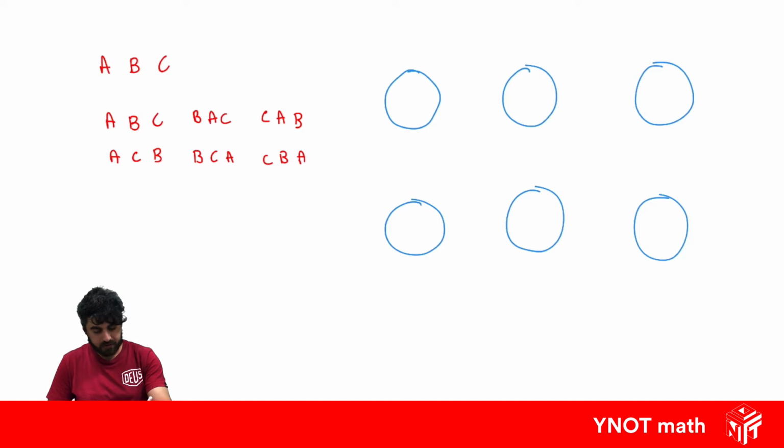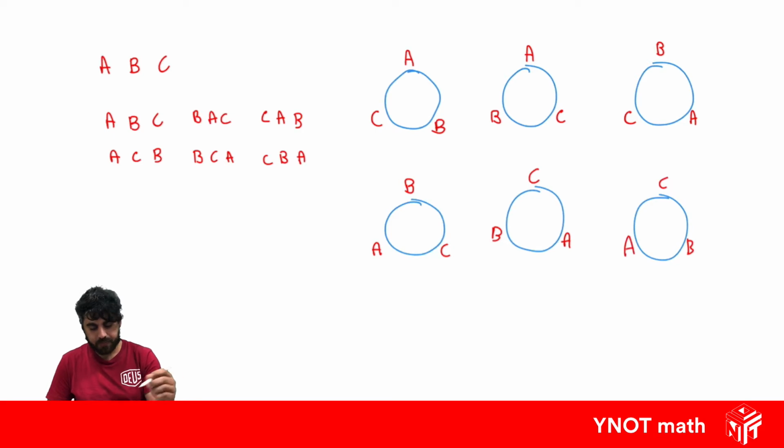So we start with our first one, A, B, C. Our next one is A, C, B. Our next one is B, A, C. Our next one is B, C, A. Our next one is C, A, B. And our next one is C, B, A.